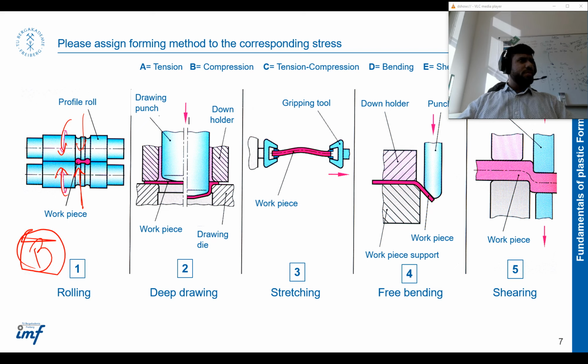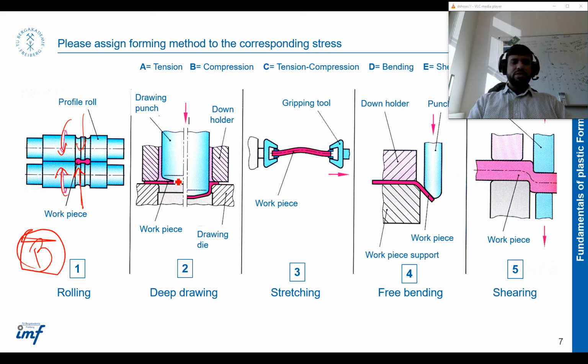Then I would like to ask again. Now this is the second process, which is deep drawing. Deep drawing is quite interesting because initially we have a sheet blank, a sheet plane, and then we have a gripper, a die, which is holding this sheet, and a punch which helps us deform it into the desired shape or cavity.